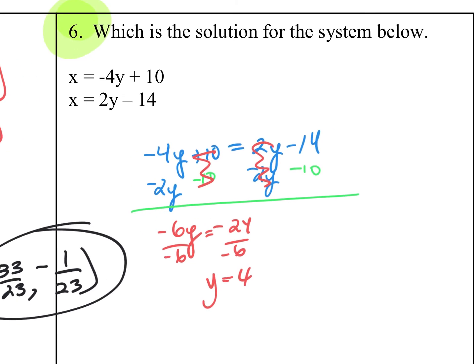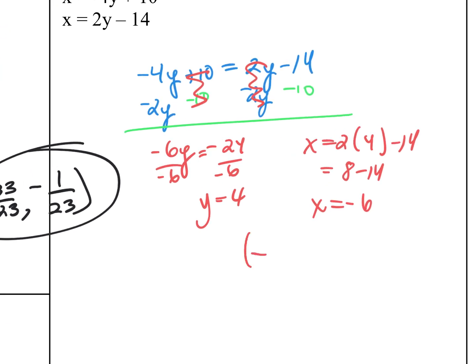Plug it back in. I'm going to put it in the bottom one. X equals 2 times 4 minus 14. So 8 minus 14 equals negative 6. So I found out that my answer is negative 6 comma 4. Now if I want to be studious and say, hey, I'm wondering if I'm really right, what do you do? You plug it back in.